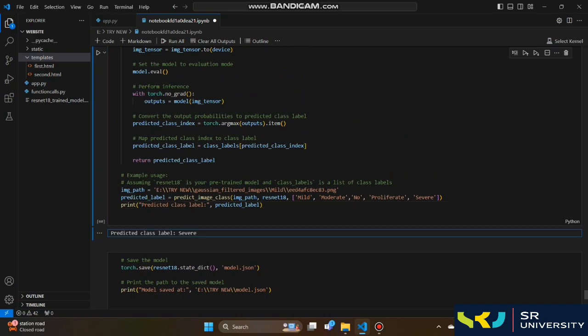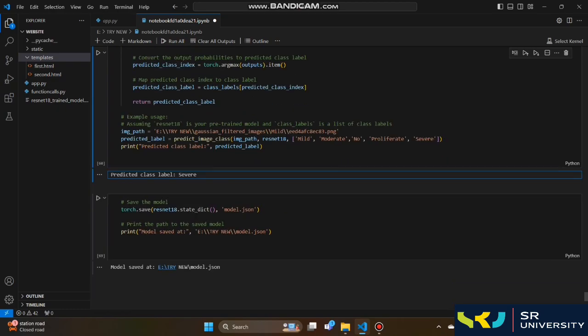Here we are predicting by giving an input image. It is predicted as severe. I'm saving the model as model.json.